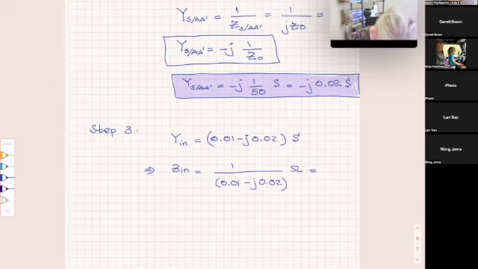Then we multiply with the complex conjugate of the denominator.